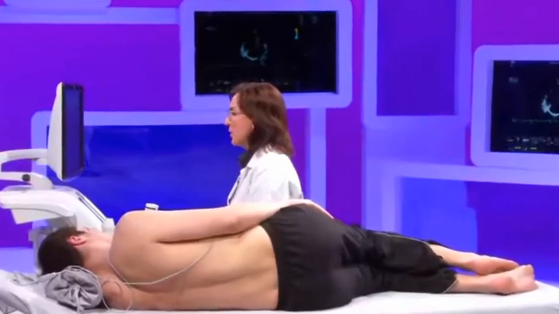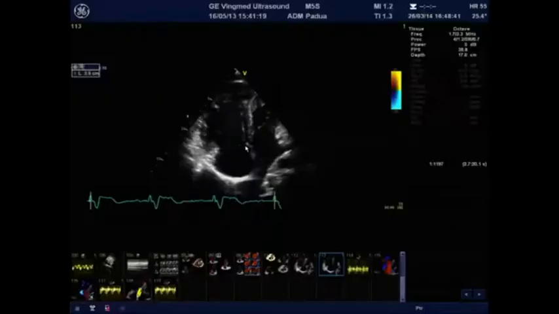So the measurement of the annulus adds additional information on the mechanism of tricuspid regurgitation, and it is also the measurement that is required by the surgeons in order to decide whether the valve should be repaired or not.